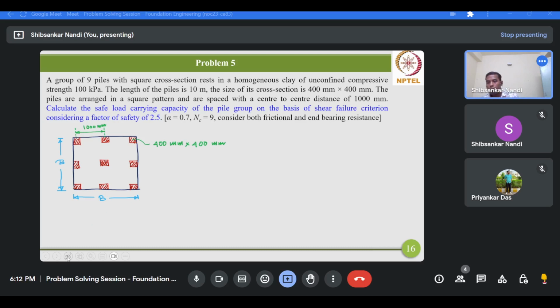As we were discussing in the previous problem, when you determine the load carrying capacity of a pile group, you have to consider two scenarios. First of all, you have to consider the block shear failure.